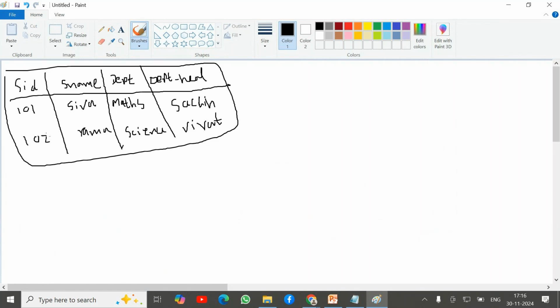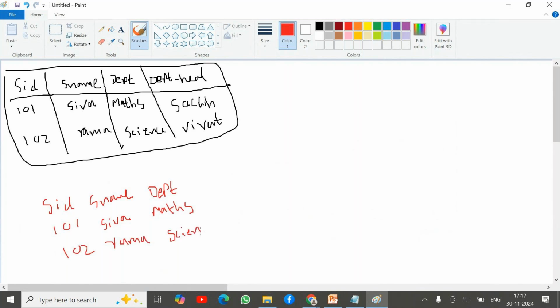Observing very clearly here: student ID, student name, department. 101, Shiva, maths. 102, Rama, science.